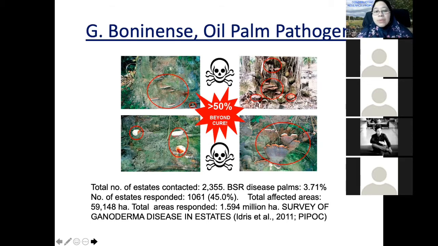So as Firdaus said, we can read. So we study which area is actually being affected by this Ganoderma boninense. Based on my reading, it's actually the whole of Malaysia, and it's not just affecting Malaysia. These are big issues even in Indonesia and even in Thailand.